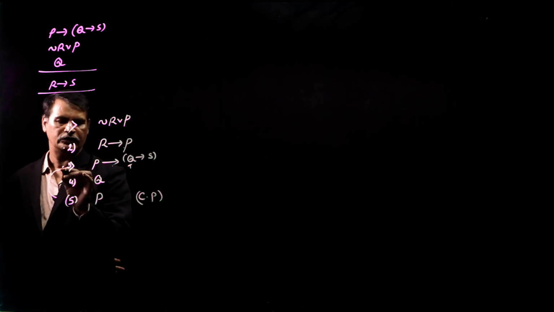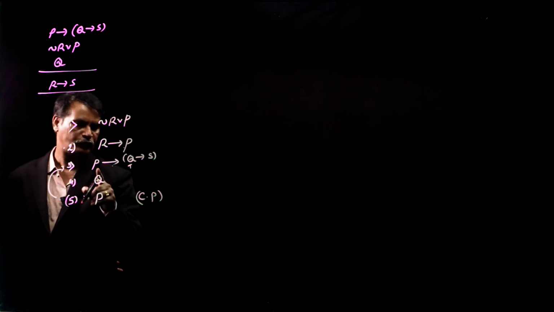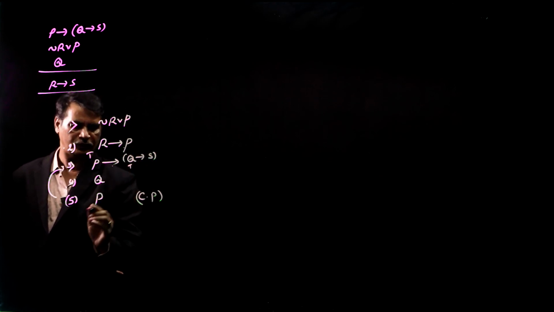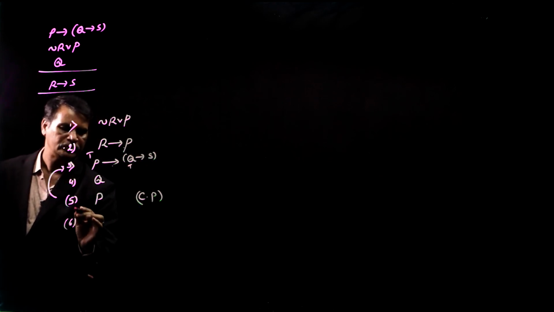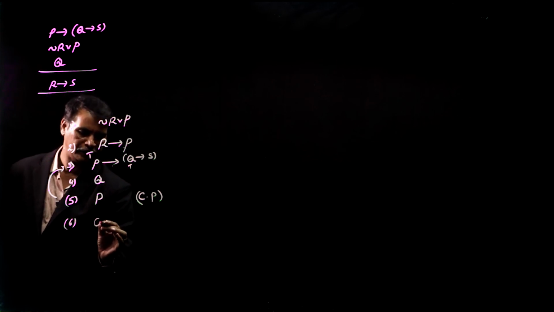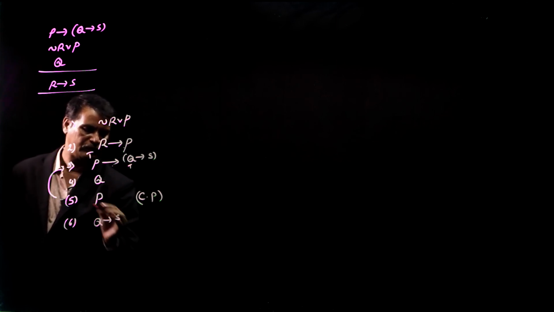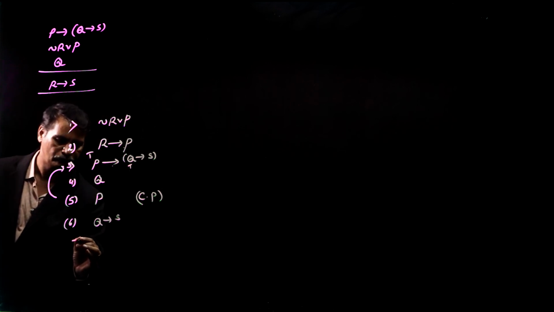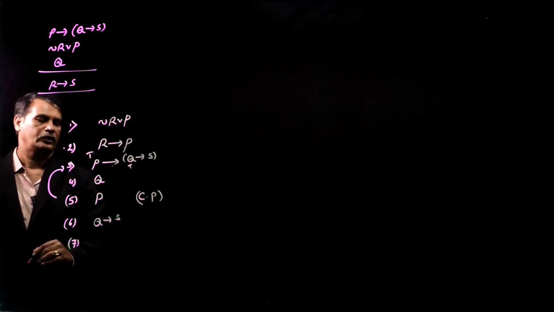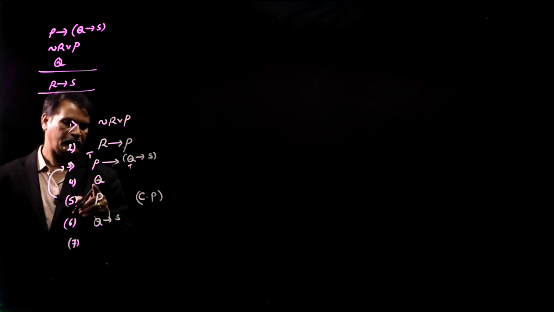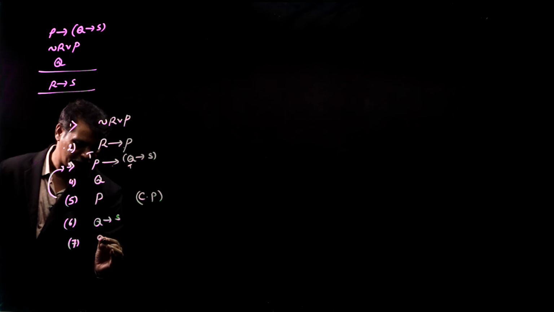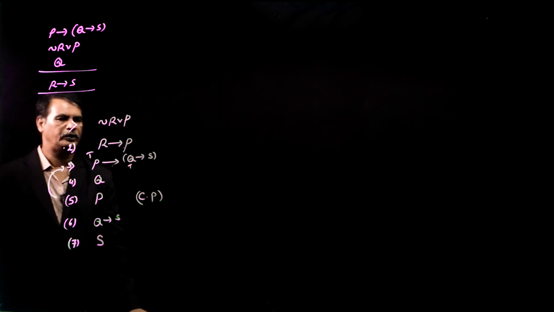Now, you come to step number 3; if P is true, it should not become false. So, from step number 5 and 3, I get Q implies S is true. But I know the value of Q is true. Q is true means S should be true.